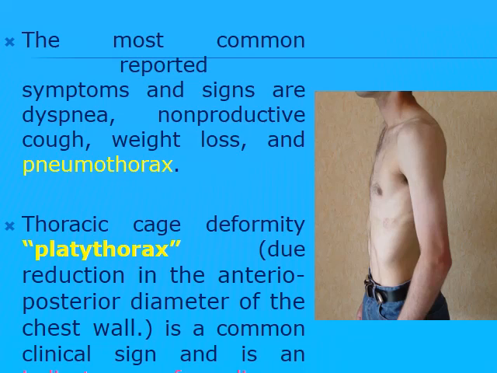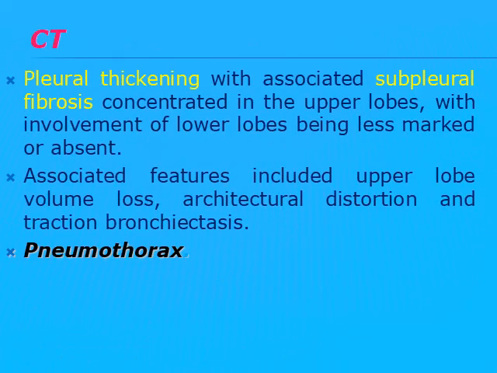One of the very important clinical manifestations of this entity is that fibrosis results in flattening of the upper chest, which is called platythorax, due to retraction in the anteroposterior dimension. In CT, we see pleural thickening associated with subpleural fibrotic changes, concentrated in the upper lobes, with involvement of the lower lobes being less marked or absent.